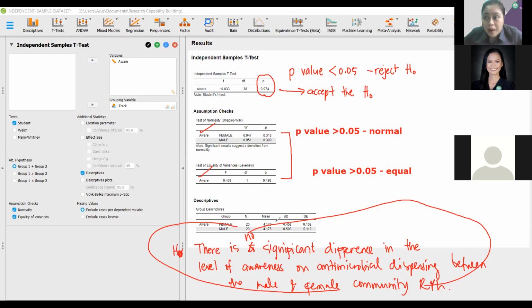So, it's not about the sex. Kasi pantay lang yung awareness nila. Yun ang ibig sabihin ng accepting the null hypothesis. And please do not be confused kasi magre-reject lang tayo ng null hypothesis if the p-value is lesser than 0.05. Okay? I hope that's clear.